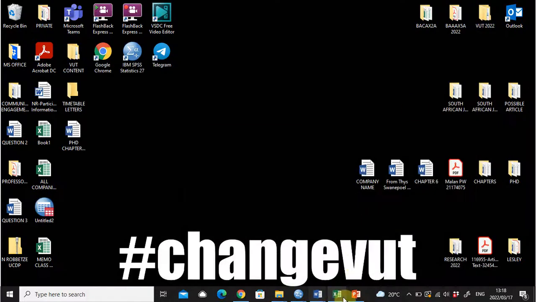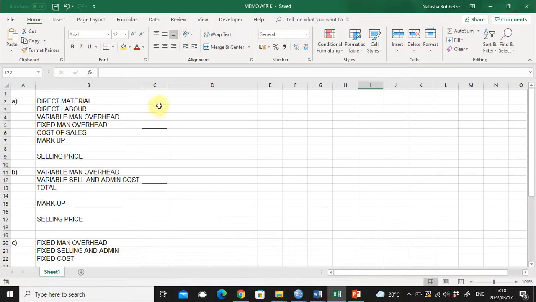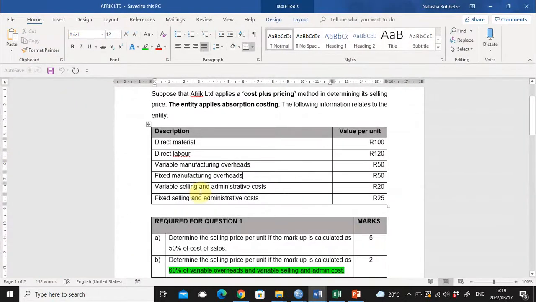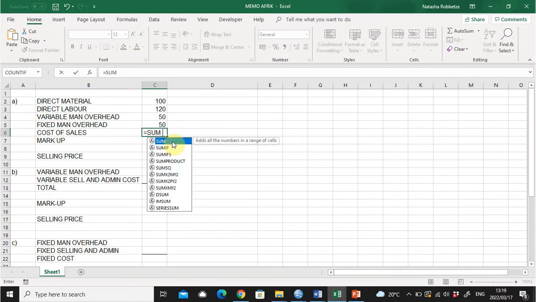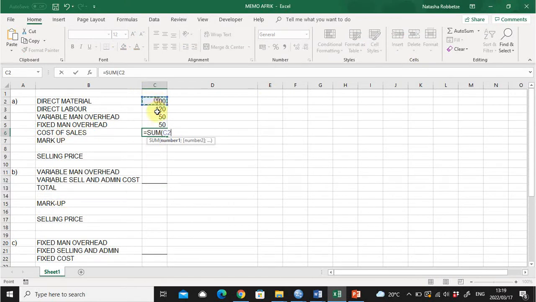So let's go and fill that out. The variable manufacturing overhead was 50 Rand, and then the fixed overhead were 50 Rand as well.